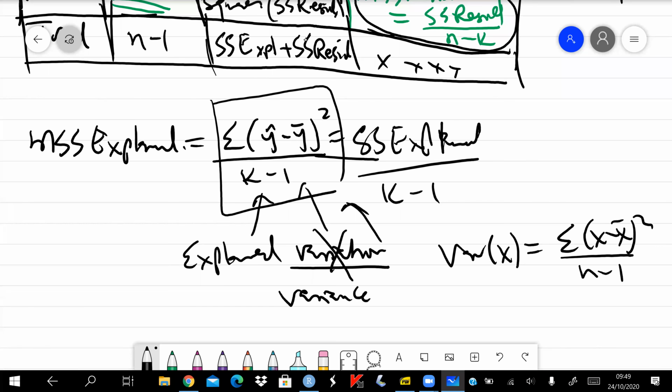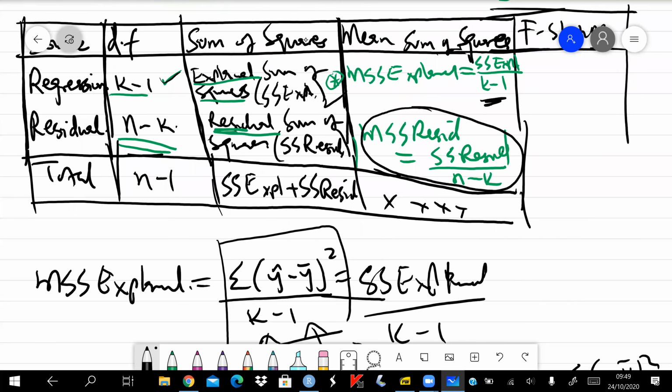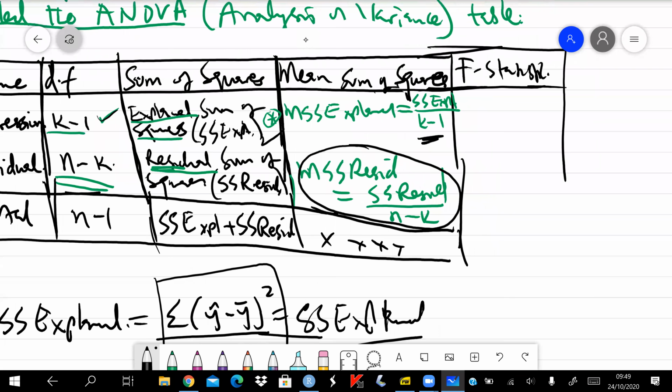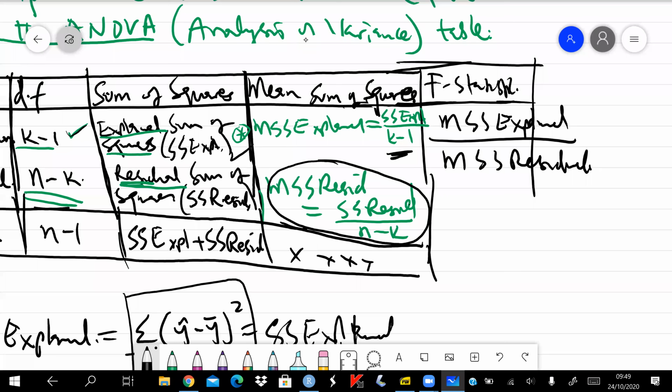So when we talk about the F statistic, we talk about the ratio of these two variances. The F statistic is given by the mean sum of squares explained divided by the mean sum of squares residual. We are dividing two variances here.